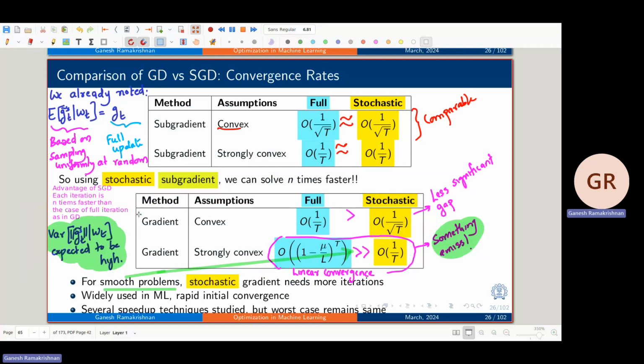And perspective 2 is variance reduction. So we are looking to reduce the variance associated with the norm of the gradient. Right? This is perspective 2.